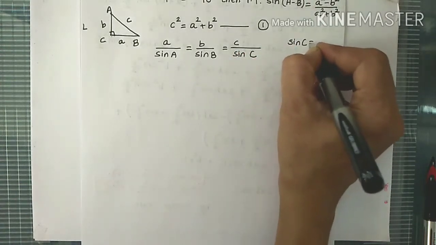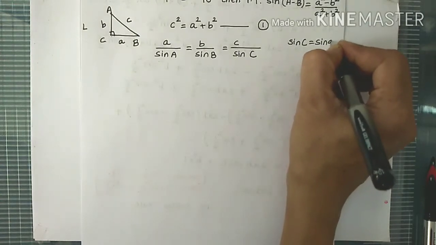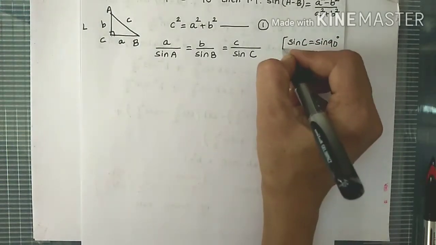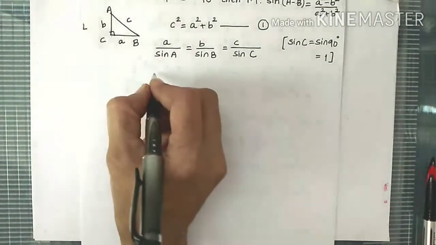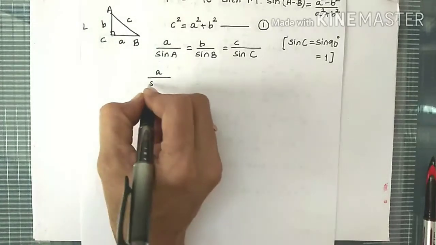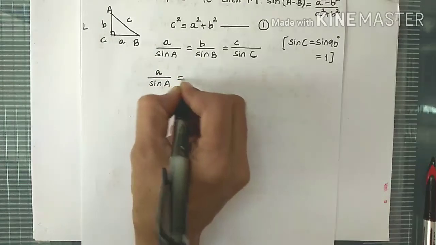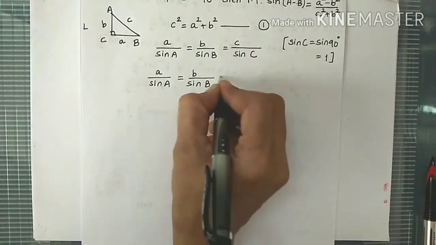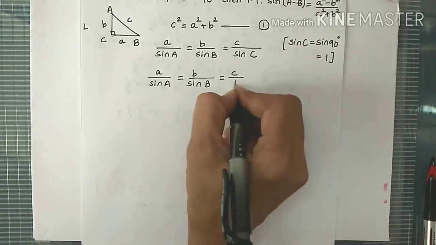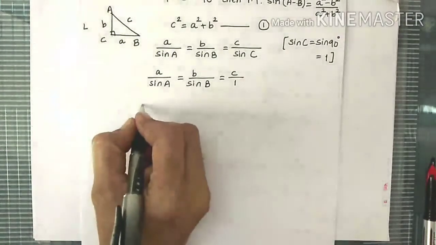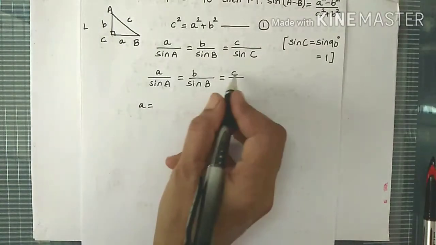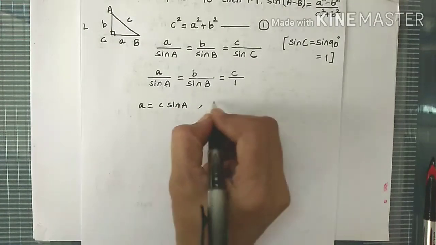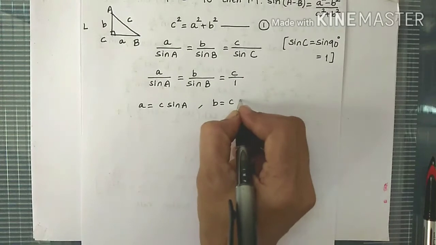So sine of C equals sine of 90 degrees, which equals 1. So substituting sine C equals 1, we get a upon sine A equals b upon sine B equals c upon 1. So we get a equals c sine A and b equals c sine B.